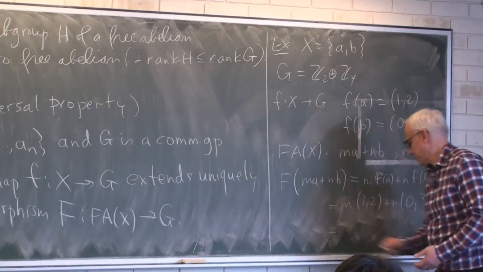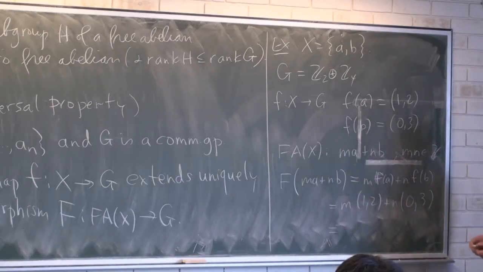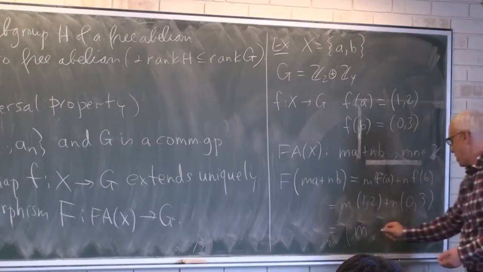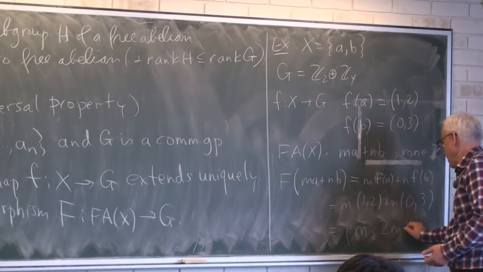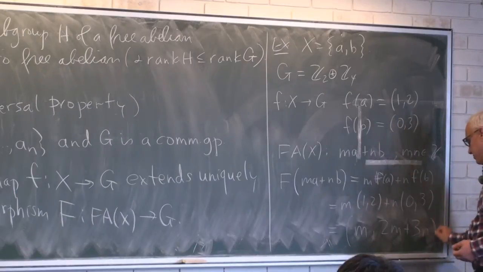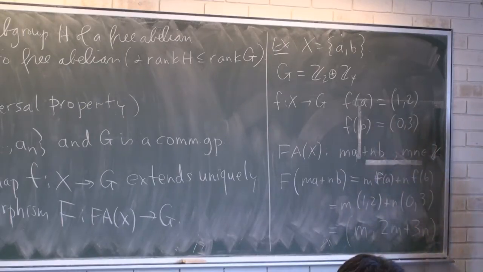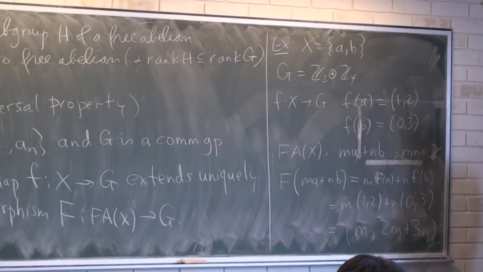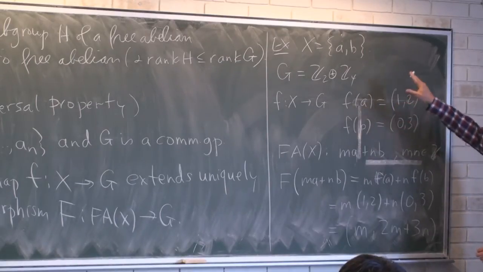And that will then be the pair (m, 2m plus 3n). And that's now a homomorphism of groups. It's a homomorphism of groups that just extends this random function from the set X into this group.